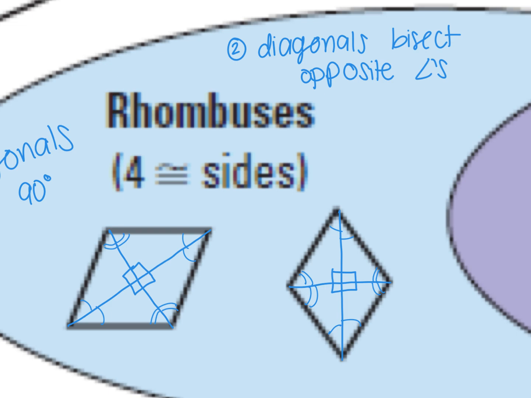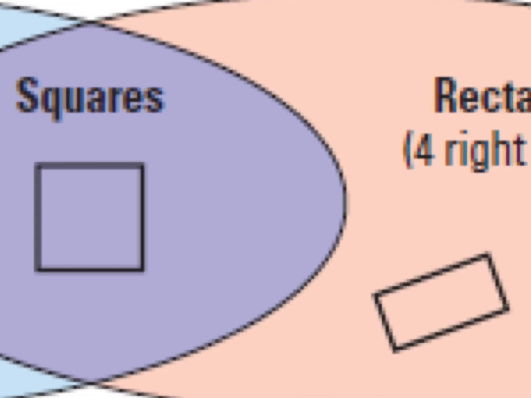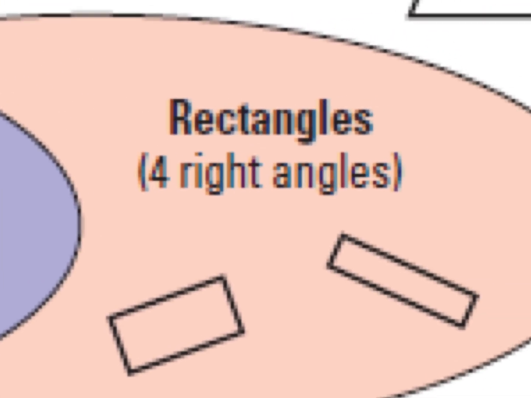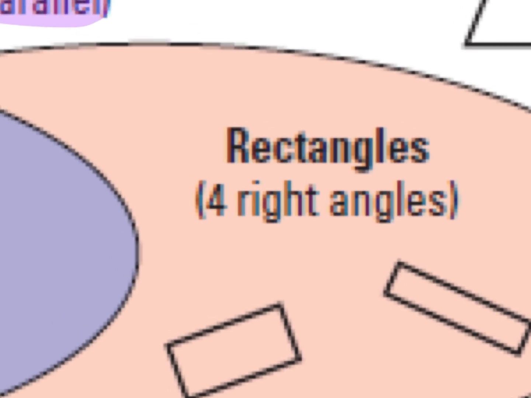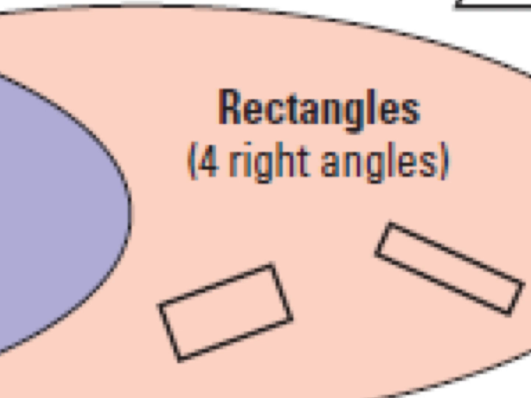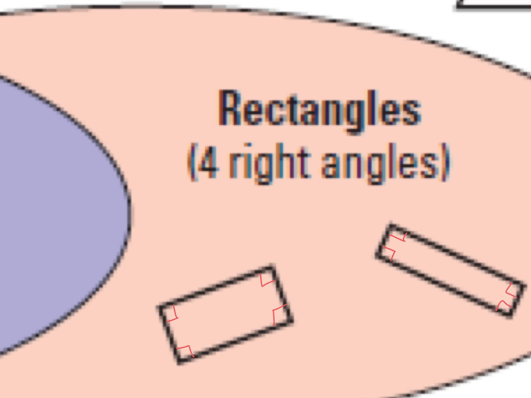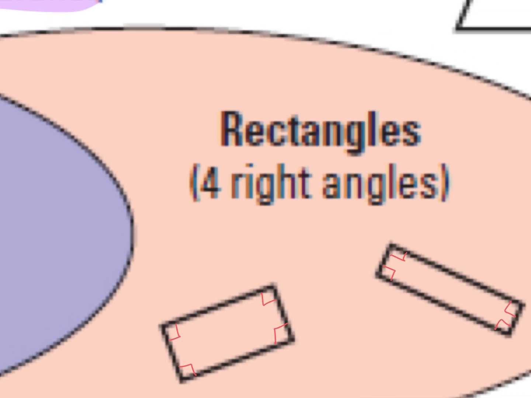All right, I'm going to go ahead and go to my rectangles. I'm going to go to squares after. What do I know about my rectangles? Yes, 4 right angles. So if you want to draw your little right angles, go ahead and draw all 4 right angles. You have right angles in your rectangle. And your diagonals are congruent.